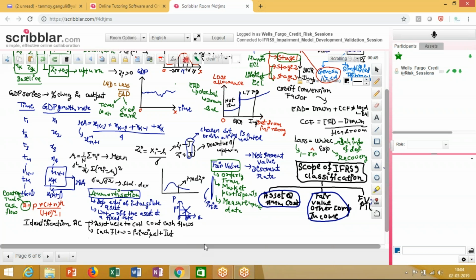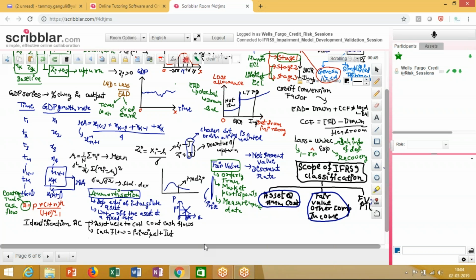So cash flow is equal to principal plus interest. If an asset satisfies these two criteria, we'll know that yes, this is an asset which is valued at amortized cost.